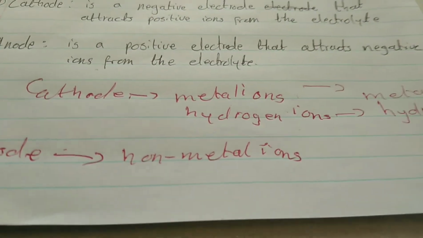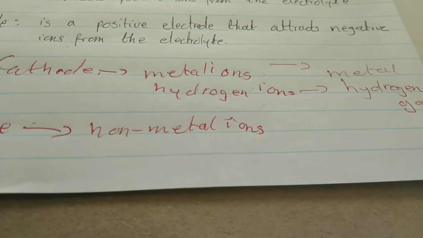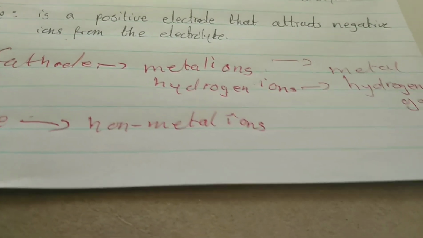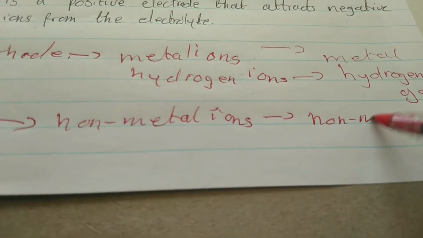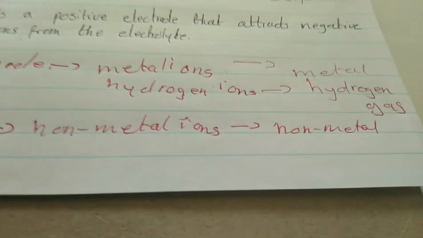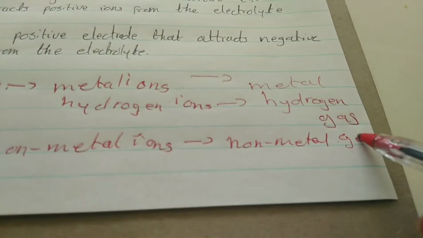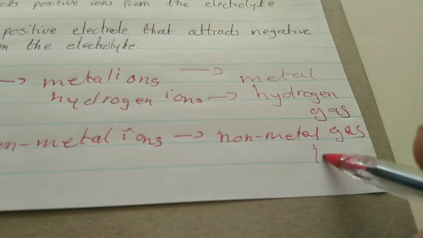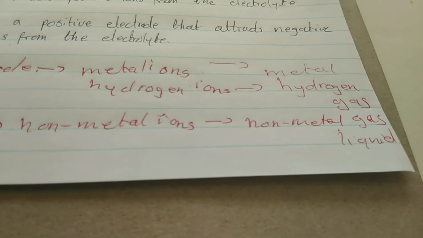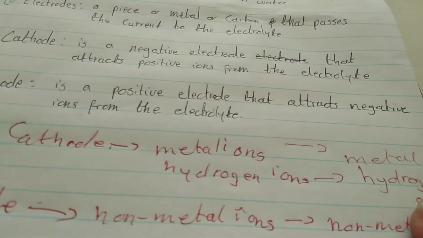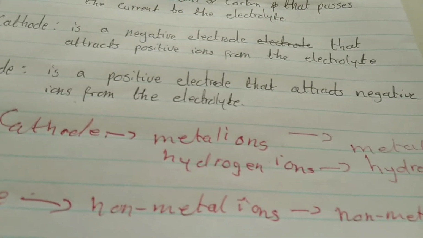So as they are attracted at the anode, these nonmetal ions will lose that electron and will form a nonmetal, the one which is stable. It can either be a gas or a liquid. That is what we have under the cathodes and the electrodes. And that is what is happening.